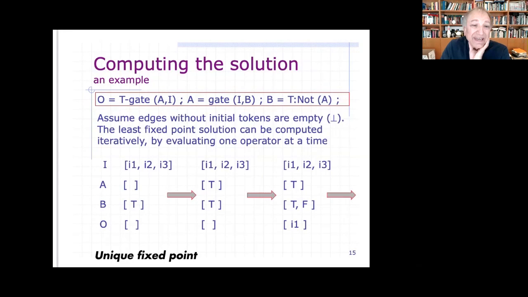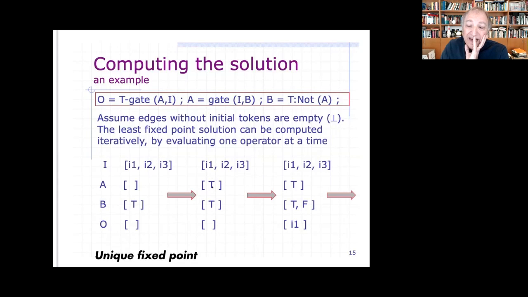First of all, do I know the values of any of these things, O, A, or B? Well, I know the value of I, that's the input. But I also know the first value of B because it's this concatenated list, so it's T. So I can compute the first value of T. But once I know B, then I can compute A.